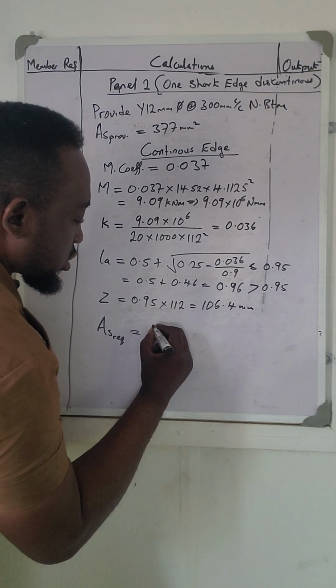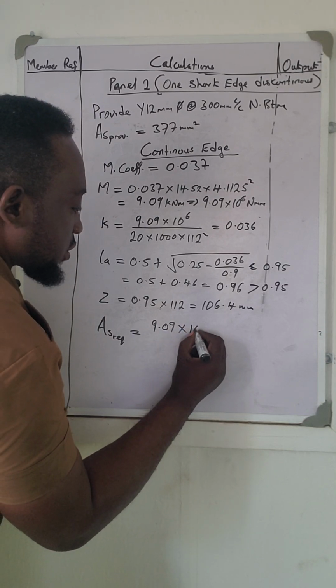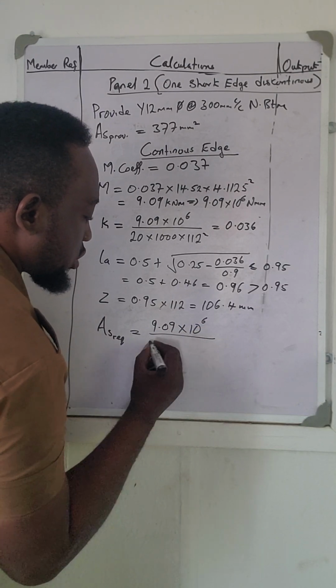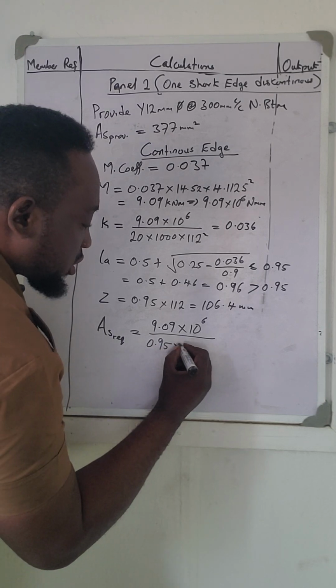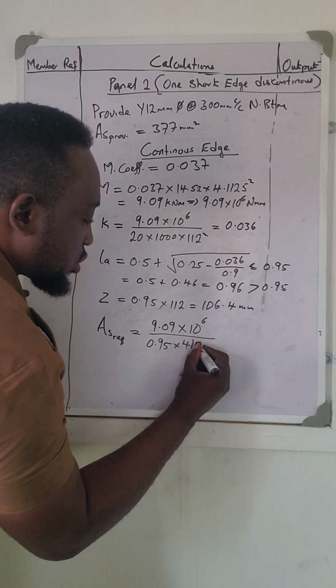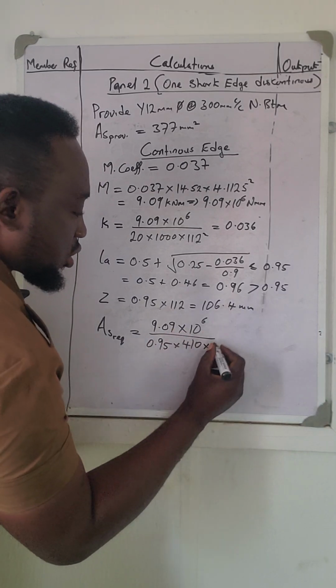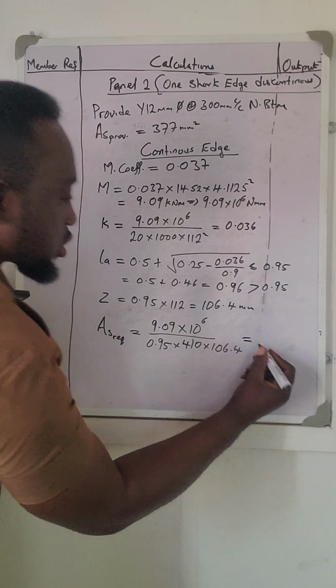Alright. This is equal to 9.09 multiplied by 10 to the power 6, over 0.95 multiplied by the characteristic strength of steel, 410, multiplied by 106.4.